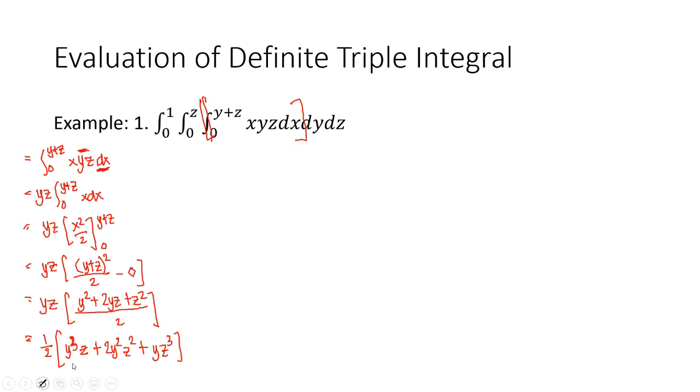Now we'll move on to the second integration. So we have 0 to z, then we have integration of dy. So we have 0 to z, and then we have this as our new integrand. So 1/2 is constant, we can just put it out. We have y cubed z plus 2y squared z squared plus yz cubed dy.